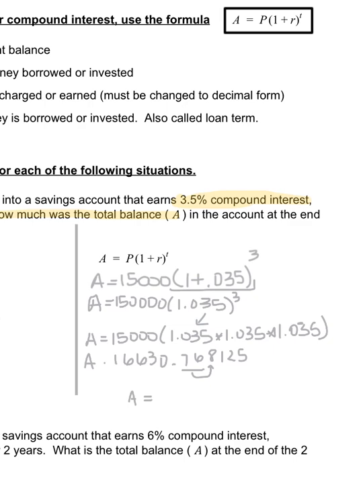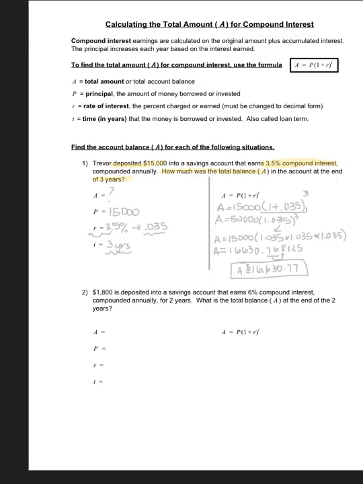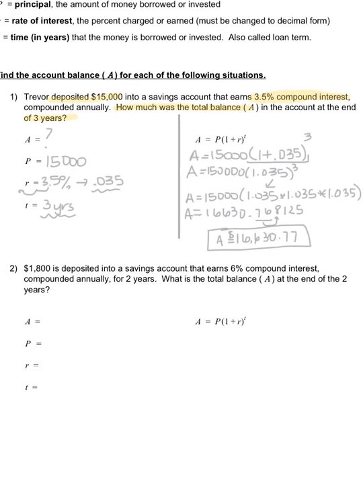Well, because it's higher than a 5, the A is going to be $16,630.77. So the total balance is $16,630.77.